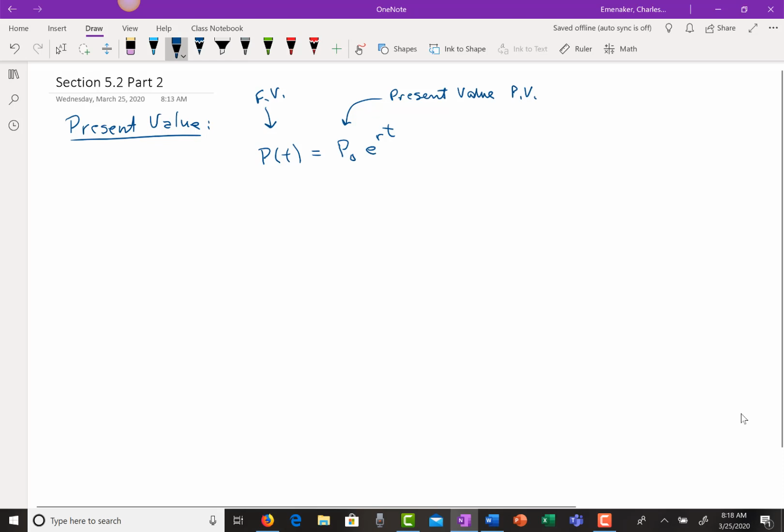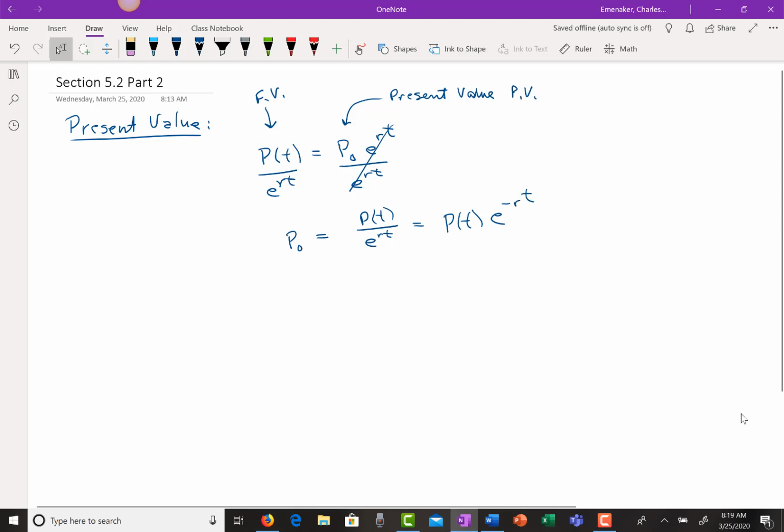To find the present value, what you need to do is to divide each side by e to the rt. These will then cancel, and what that will give you is that the present value is equal to the future value divided by e to the rt, which can be written as P of t times e to the negative rt, or negative kt.